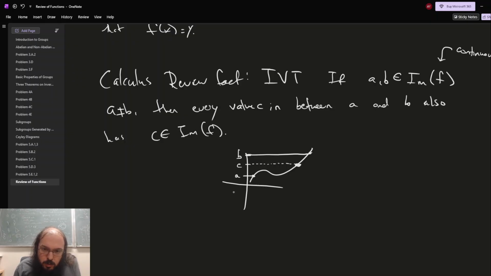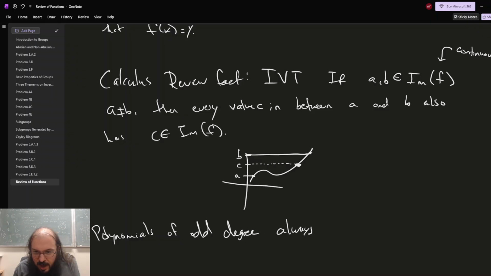And so how is this useful for us? Well, polynomials of odd degree always have different end behaviors.